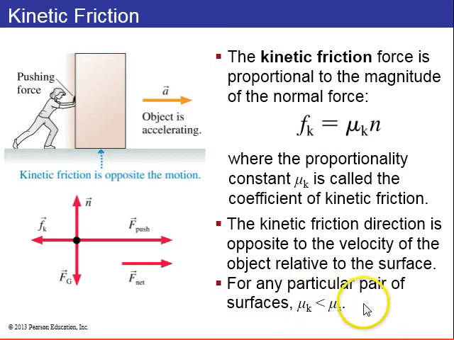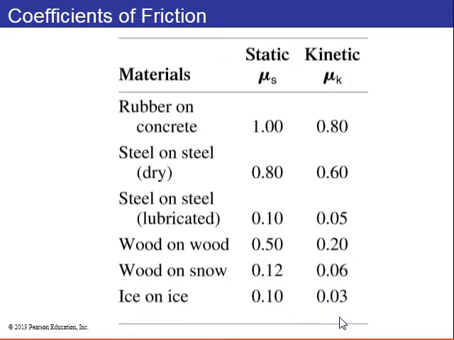And it turns out that for any particular pair of surfaces, the coefficient of kinetic friction is less than the coefficient of static friction. So here are some measured values of coefficients of friction. If you have rubber sitting on concrete, the coefficient of static friction is 1.00, and that's a dimensionless number, there are no units. The coefficient of kinetic friction is a little less, 0.80.